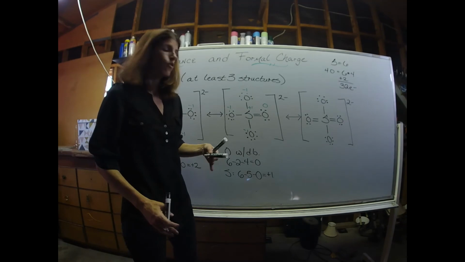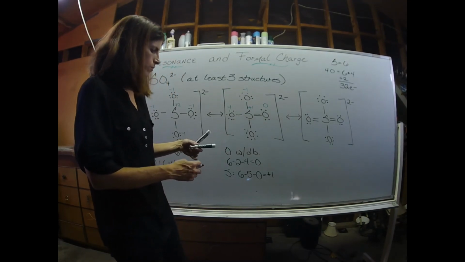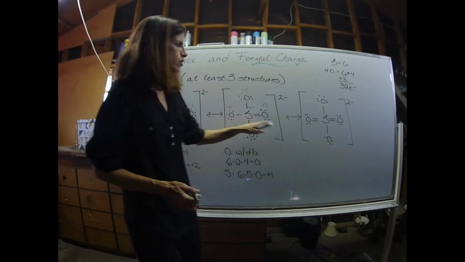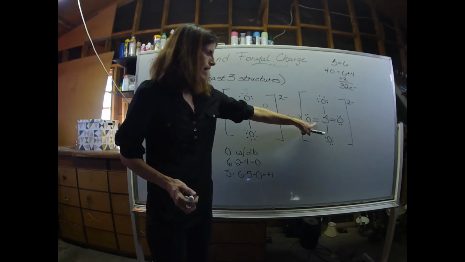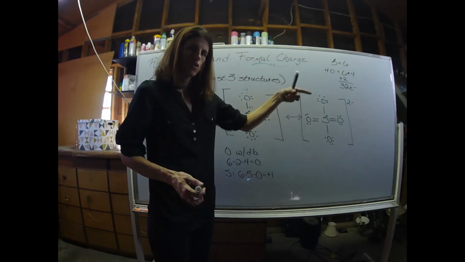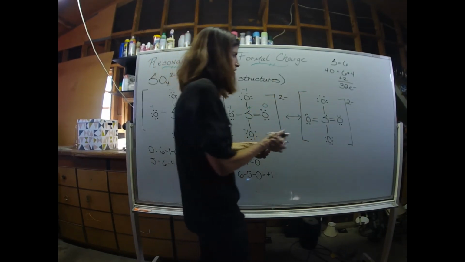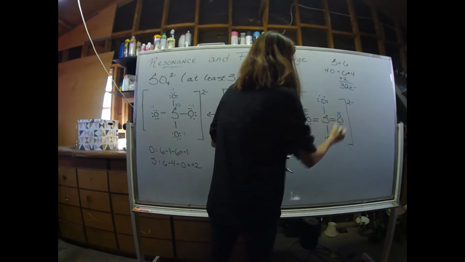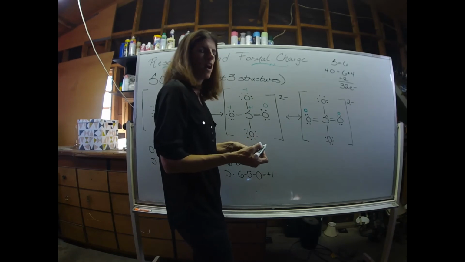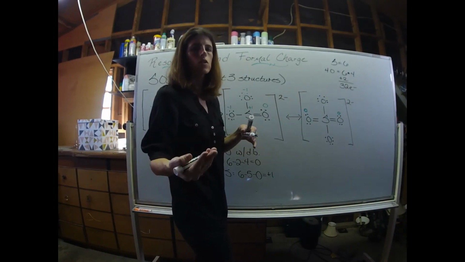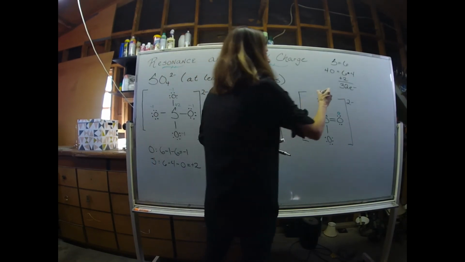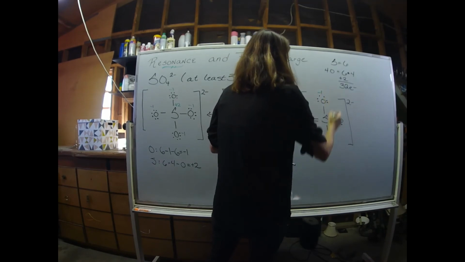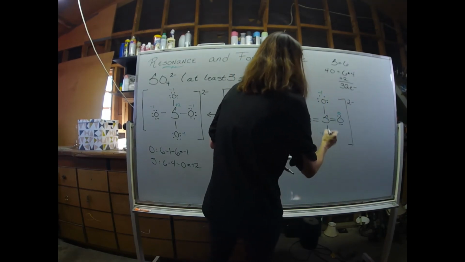Let's analyze the formal charges to see what's going on here. The double bonded oxygen, group 6 minus 2 lines minus 4 dots. So the double bonded oxygens will have a formal charge of 0. And the single bonded oxygens, 6 minus the 1 line minus the 6 dots, we're looking at -1s on the single bonded oxygens.